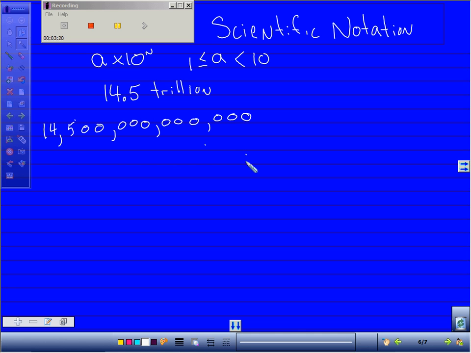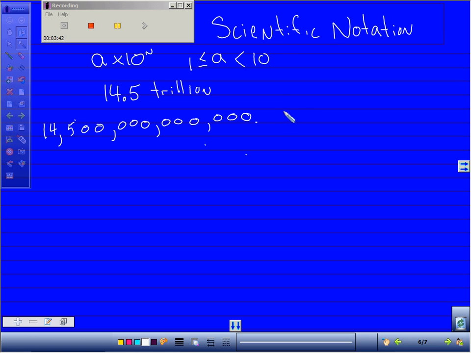And the way I would write this in scientific notation is to start at the very end of the number and count how many places it is until I get to here, okay? So I'm going to go 1, 2, 3, 4, 5, 6, 7, 8, 9, 10, 11, 12, 13.